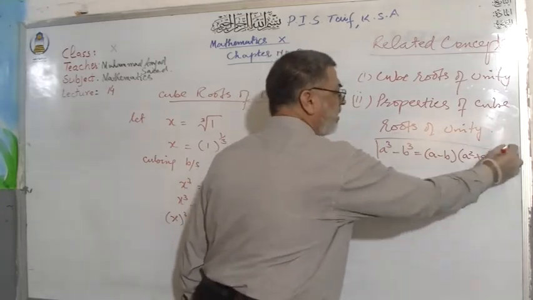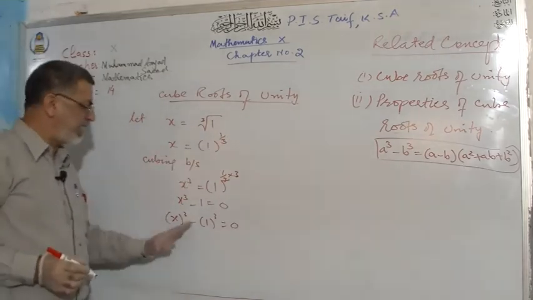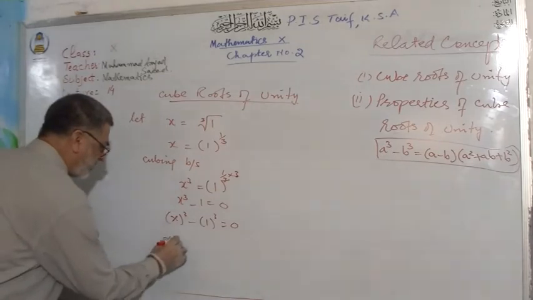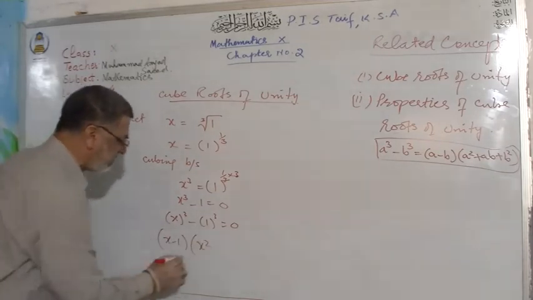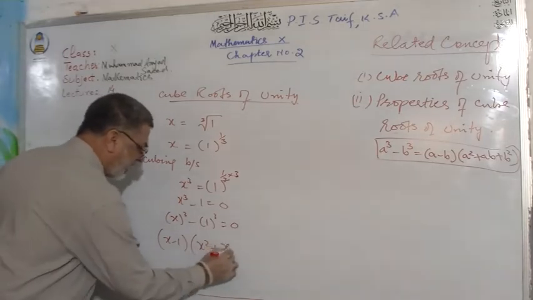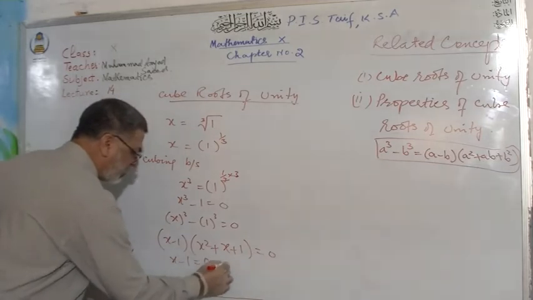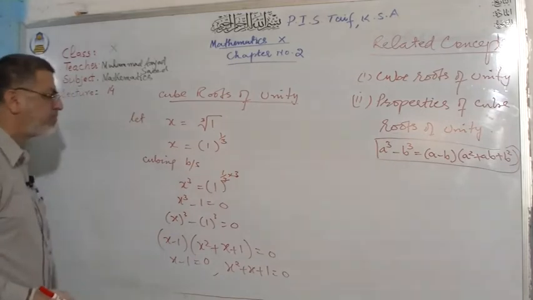It will be applied here. Remove the cubes, and we are left with x minus 1 into x square, here is minus so this will be plus, first into second, plus second square, that is 0. So x minus 1 is equal to 0, and x square plus x plus 1 is equal to 0.